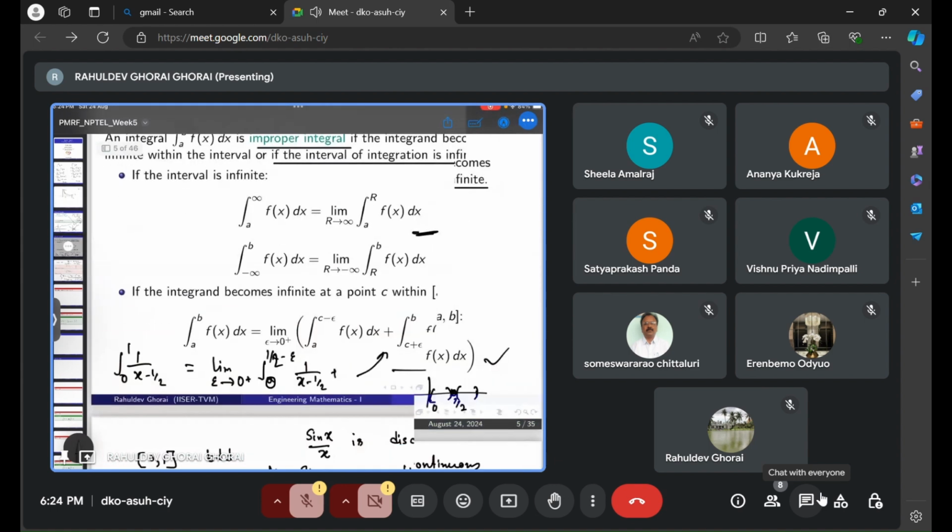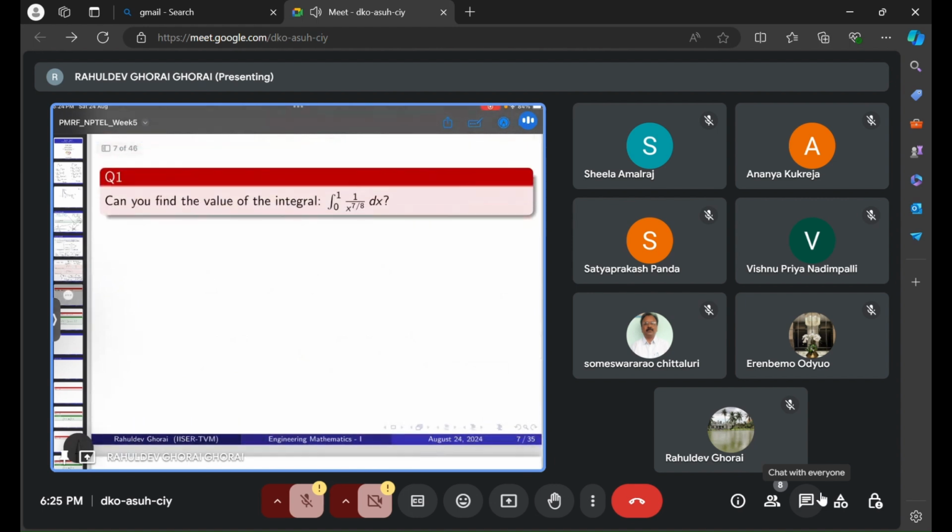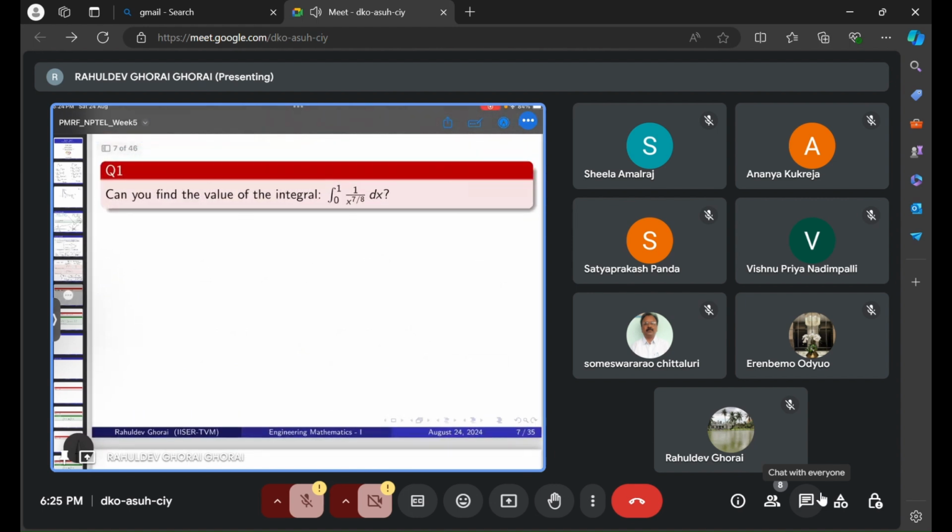So let's move to the first question of today's tutorial session. How to evaluate this? The integral from 0 to 1 of 1 over x to the power 7 over 8 dx. Where do you see the problem here? The problem is only at 0. So what will we do?